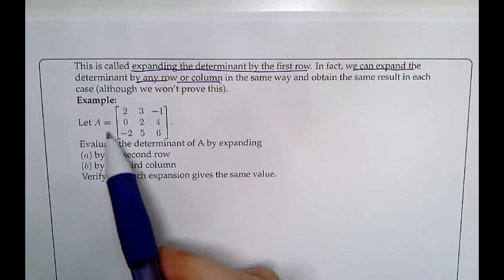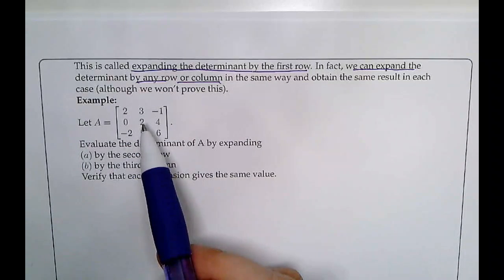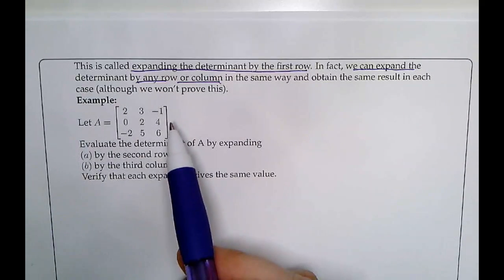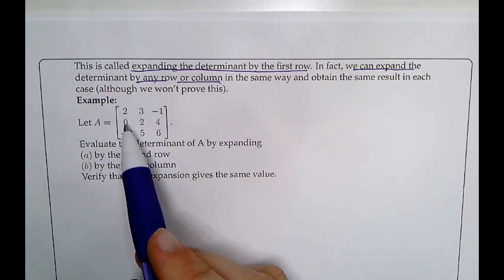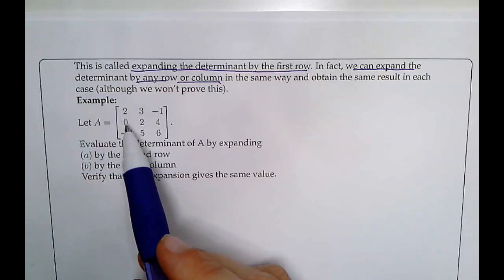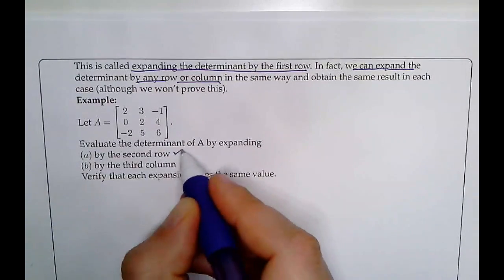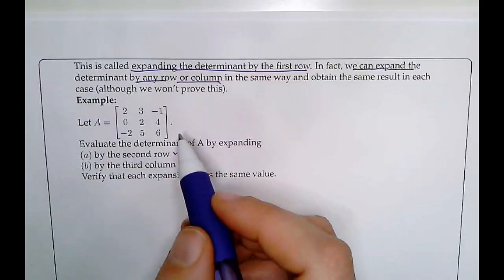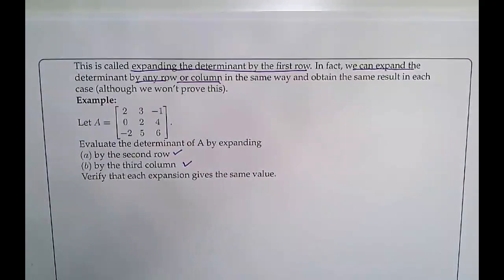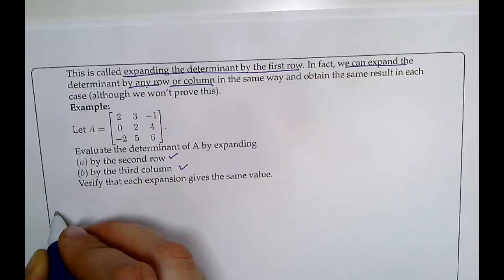So for example, if I have this matrix A, what would be a good row to expand on? Well, it's a row that has the most zeros, so it will be row 2. So we're going to expand by row 2, and then we're going to expand by the third column, and then we're going to see if we get the same result. We have to get the same result.